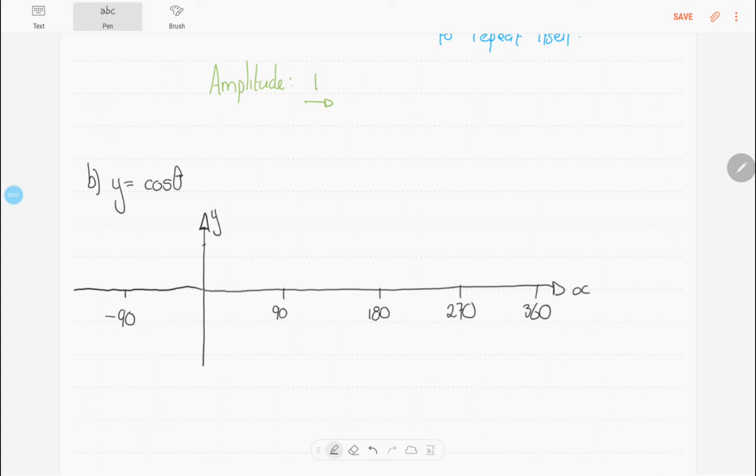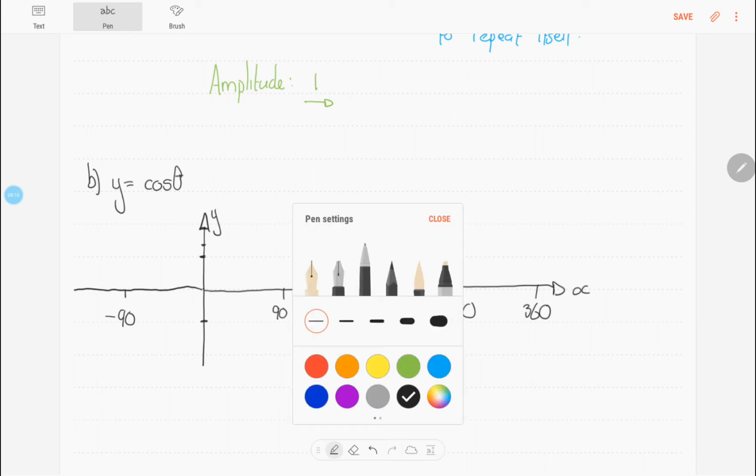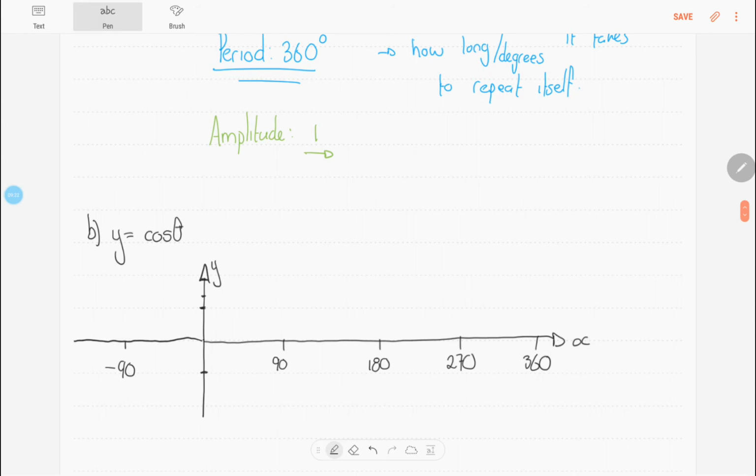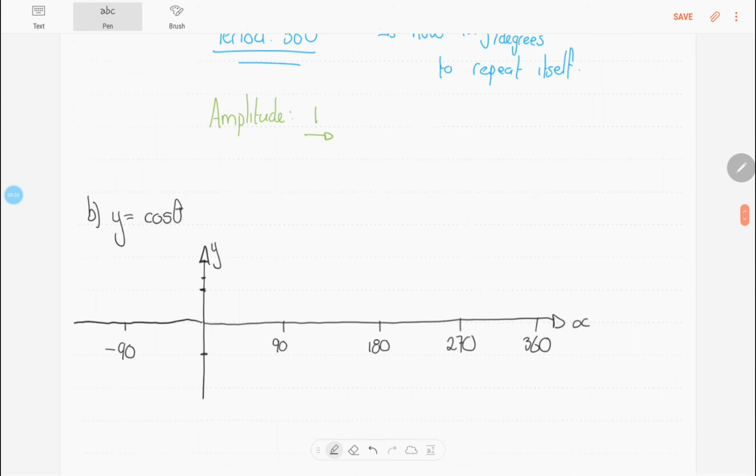Our cos graph, unlike our sine graph, I'm actually just going to do it on these lines, it's a bit easier. You see our sine graph starts at 0, at the origin of the axes. Our cos graph starts at our 1, so our amplitude is where our cos starts.